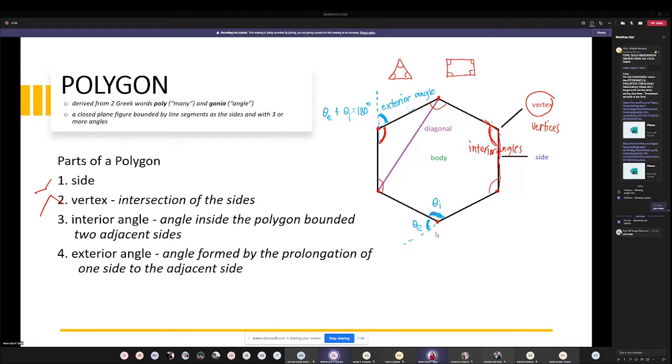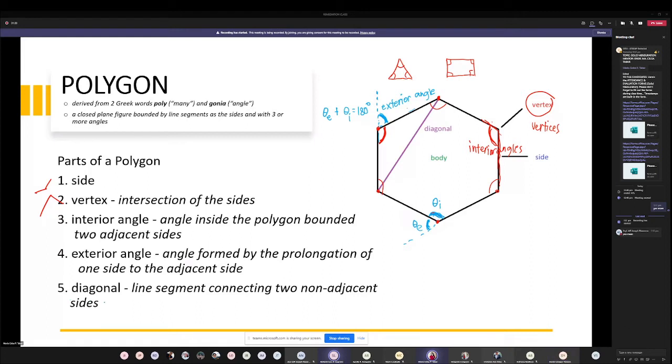Then the fifth part is the diagonal. This violet line segment connects two non-adjacent vertices, not sides.